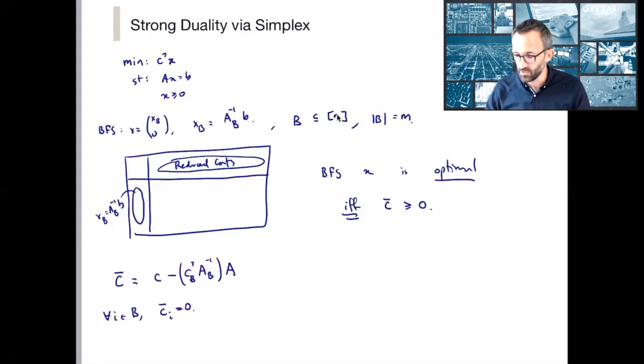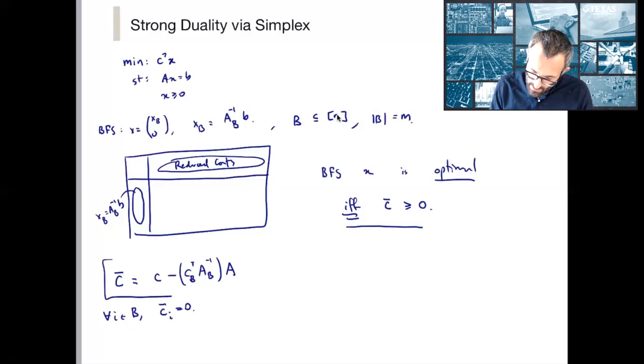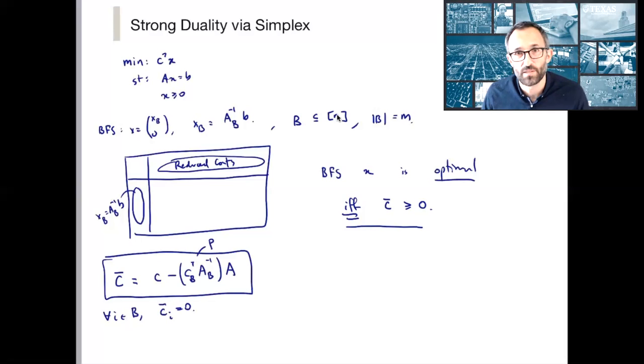But a basic feasible solution is optimal if and only if C bar is greater than or equal to 0. Let's rewrite that, looking at this expression, and let's call this P. For obvious reasons, you'll see that this is actually going to be the dual variable.